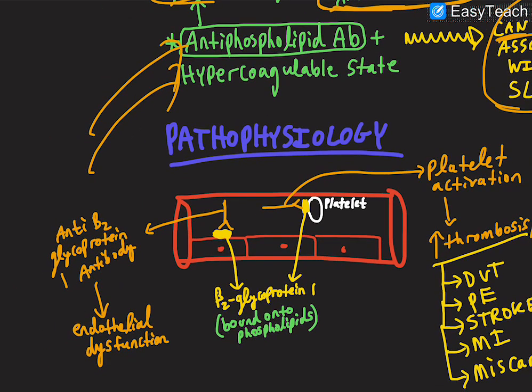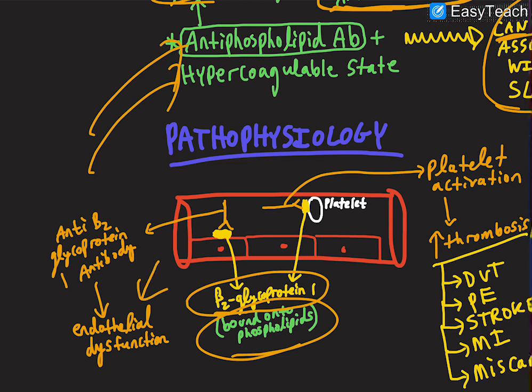Antibodies like lupus anticoagulant and anti-beta 2 glycoprotein 1 can bind onto these beta 2 glycoprotein 1 proteins, which are bound onto phospholipids on your endothelium, and lead to what? Endothelial dysfunction, and it can increase the expression of cellular adhesion molecules.